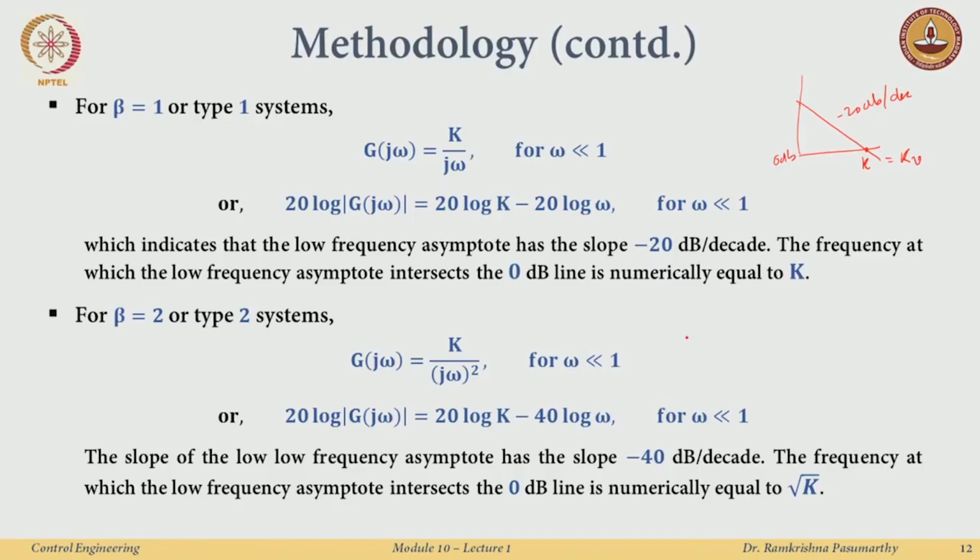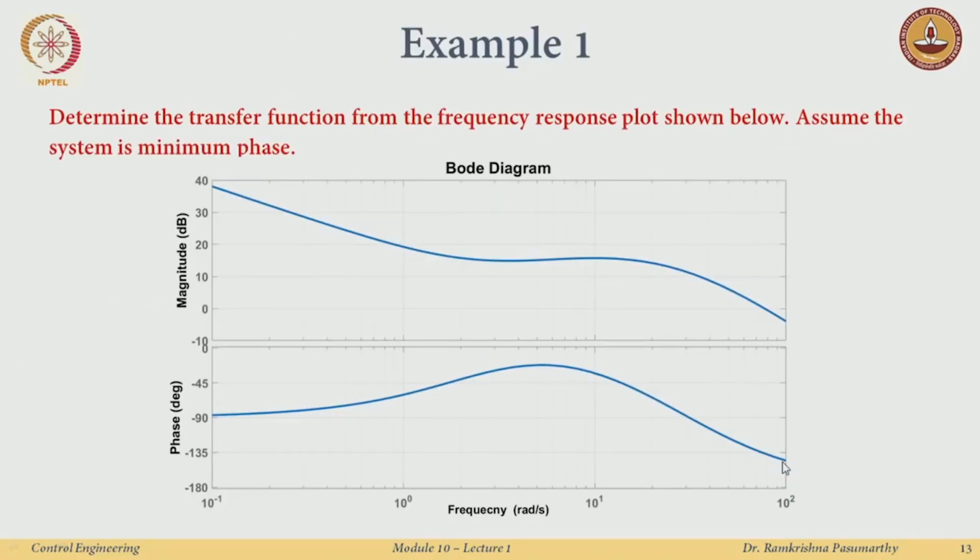Similarly, for type 2 systems, I will have a slope of minus 40 decibels per decade, and the intersection with the 0 dB line will tell me the gain. With this, we derived these formulas when we were looking at how to determine Kv and Ka directly from the Bode plots.